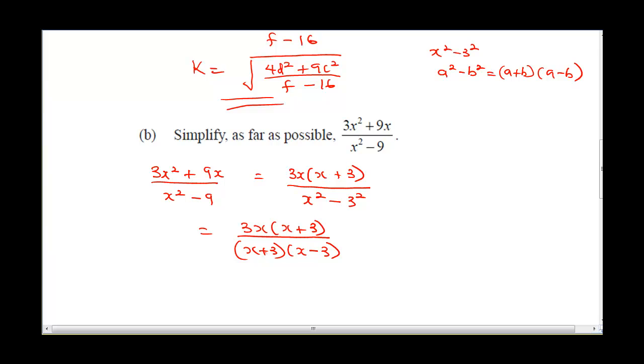Now we have x plus 3 common at both the numerator and the denominator, so we're going to cancel it out. You're going to have 3x all over x minus 3. So this is the simplest way to represent the expression listed.